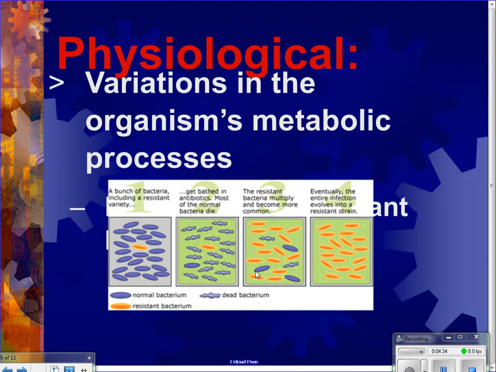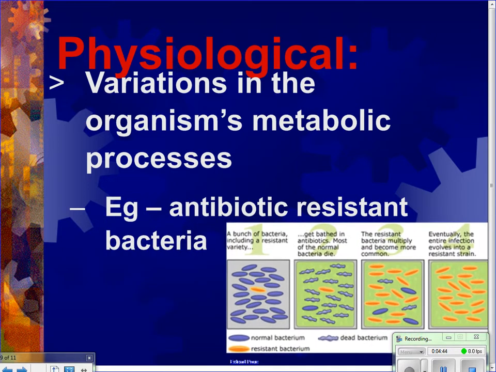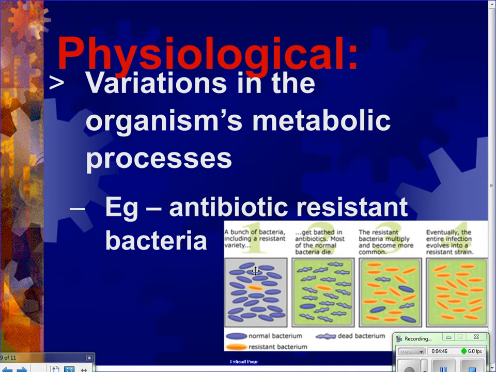Another type of adaptation is physiological. This is variations within the organism's metabolic process. And a very good example of physiological is antibiotic-resistant bacteria. So some bacteria may contain an adaptation that would give them resistance to a particular strain of antibiotics.